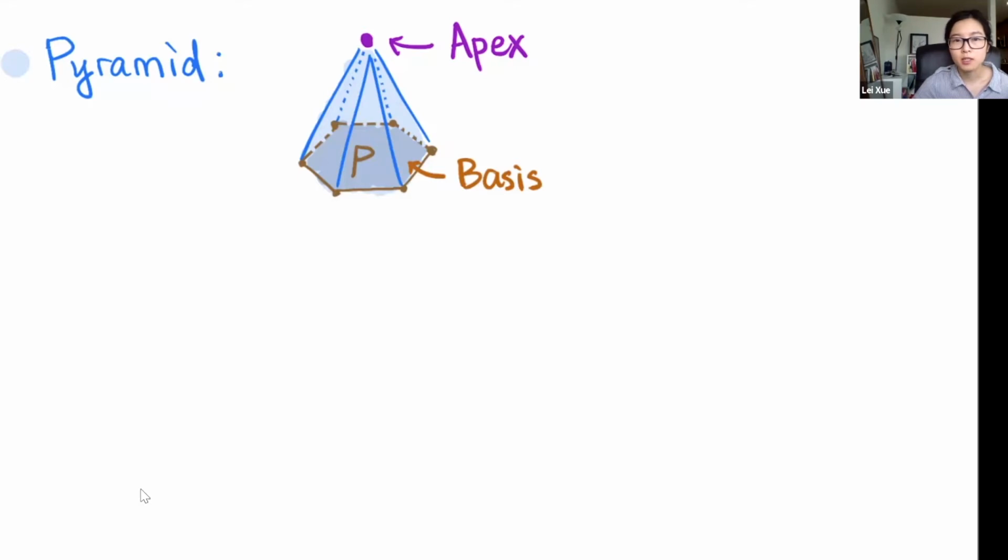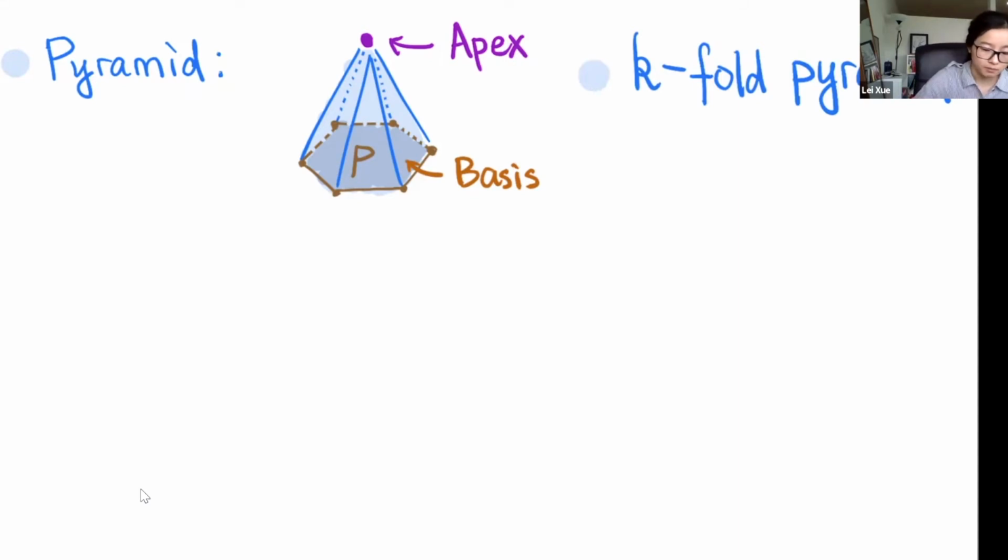The d minus 1 dimensional polytope is called a basis, and the vertex you added is called an apex. And you can keep doing this, and each time you're increasing the dimension by 1. So if you do it k times, that's building a k-fold pyramid over your basis.